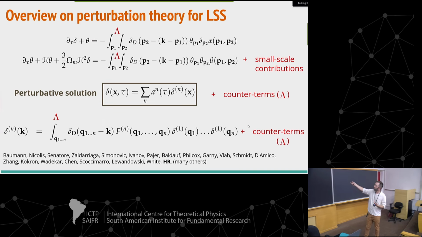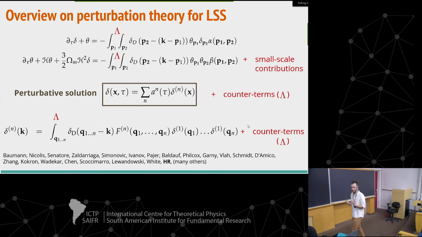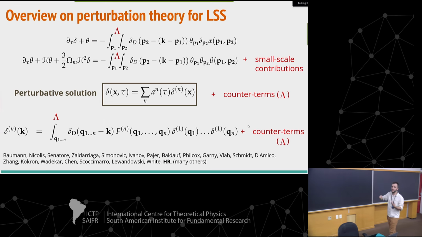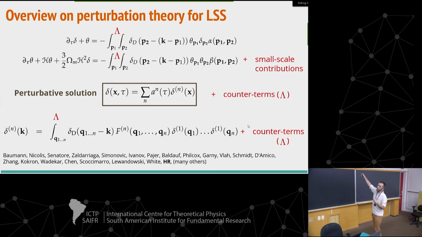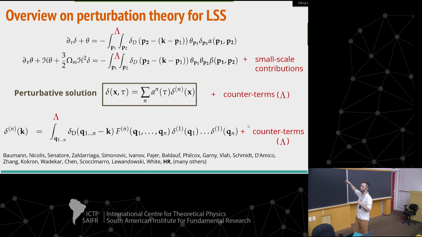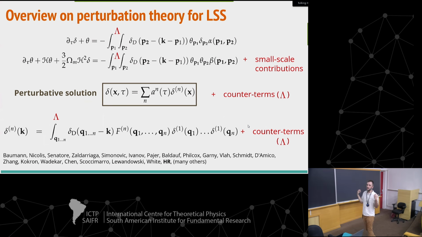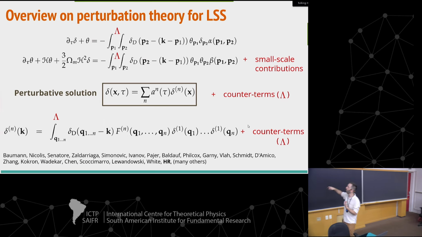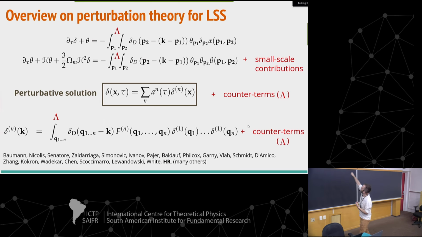So after putting this cutoff by hand, you can ask yourself, what's the most general thing I can include that cancels this lambda dependence? This is what we call counterterms in the context of high energy physics. These counterterms are provided by the symmetries of the problem, so you consider higher powers in derivatives of the fields, and you add counterterms that also depend on lambda, exactly in the same way to counterbalance how this depends on lambda, such that delta becomes lambda independent.